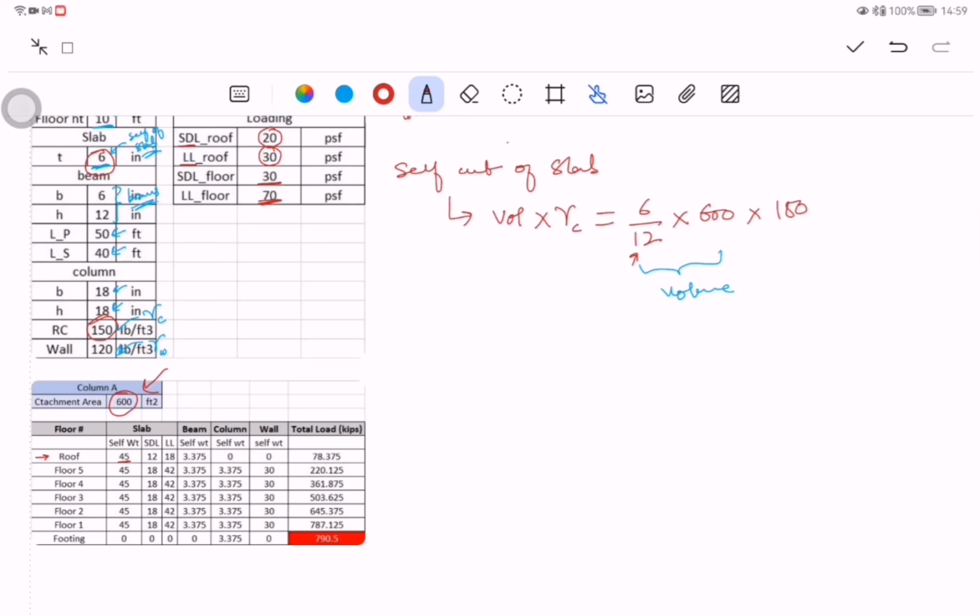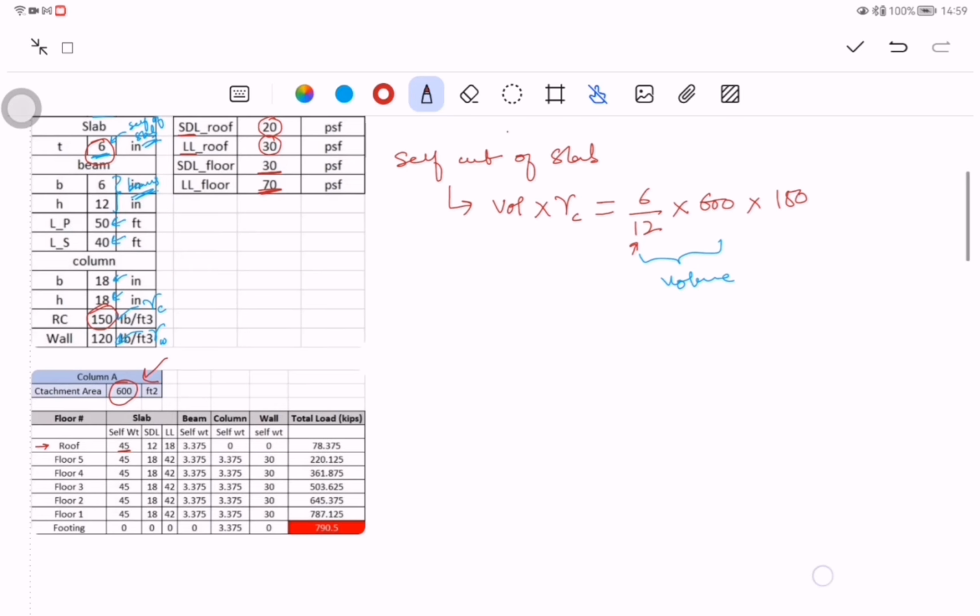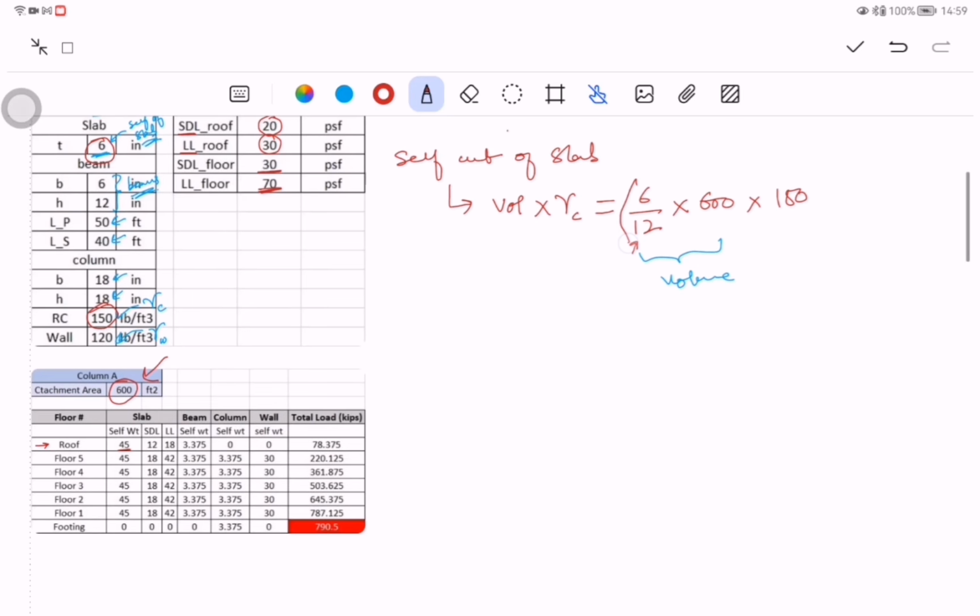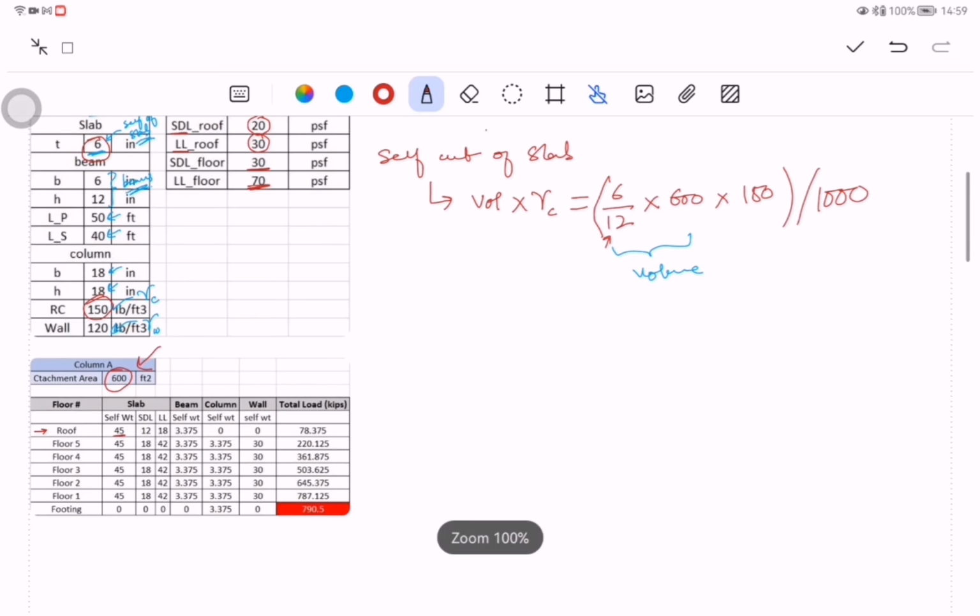So when you multiply all of these values, the answer will be in pounds. So we divide the whole term by 1000 so that the answer is in kips, and the answer will be this much, 45 kips, right?